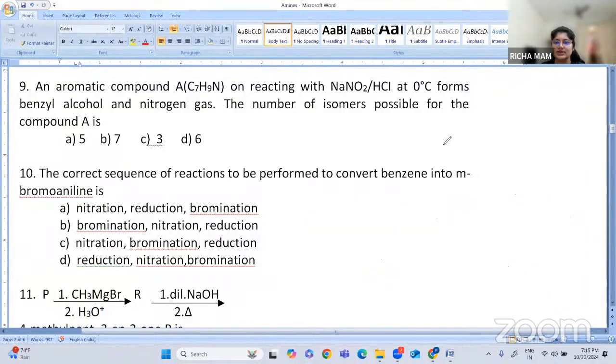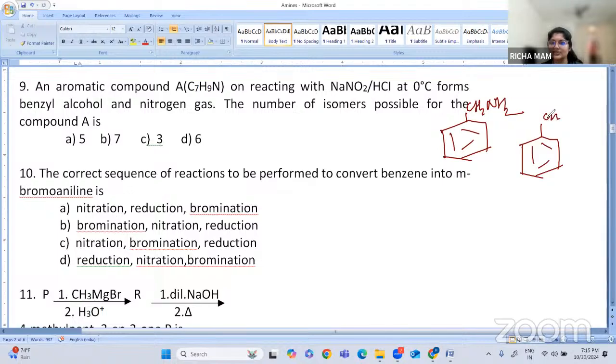So let us see. I can write like this. First is your benzylamine. Second, I can write CH3 and NH2 on the ring. It should satisfy this molecular formula. Now, first, this is first, this is second.